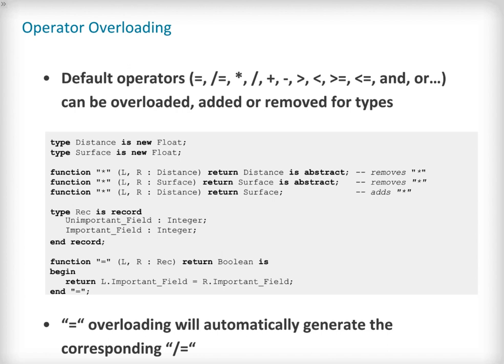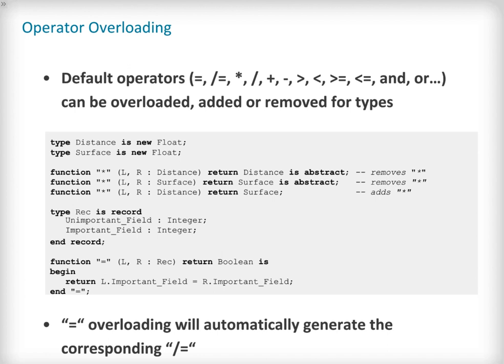Here, in this very case, I have distance and surface, which are both based on floating point values. By default, there is a multiplication between two values of type distance that returns a distance. But in my context, this operation doesn't make sense. I want the multiplication of distances to result in a surface.